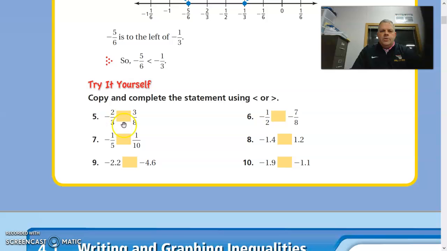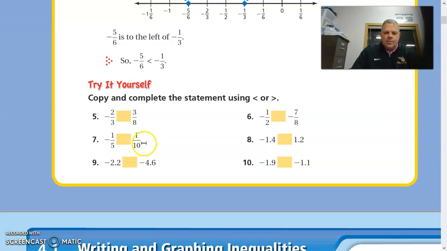In these final ones, we can see that this one's negative and this one's positive, so we know that negative 2/3 is less than 3/8. Over here, we've got negative 1/2, which is going to be 4/8, is going to be greater than negative 7/8. In number 7, this is going to be negative 2/10. Since this is a negative, we automatically know that that is going to be positive.